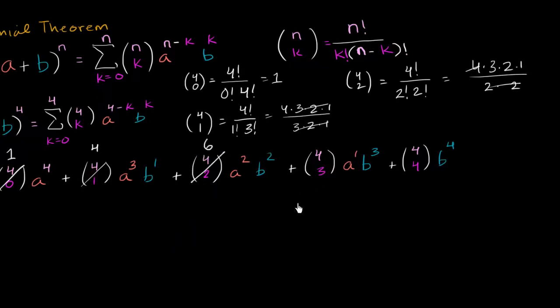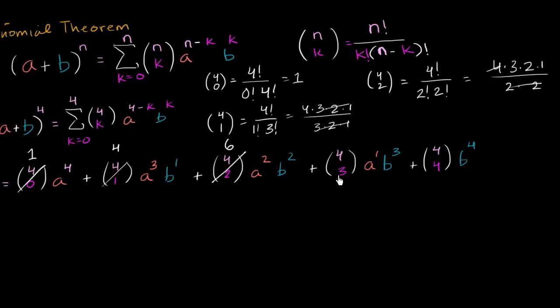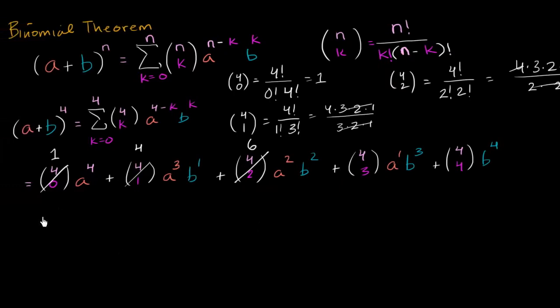And then what is 4 choose 3? Actually, I'll use some space down here. So 4 choose 3 is equal to 4 factorial over 3 factorial times 4 minus 3 factorial. So that's just going to be 1 factorial. Well, we already figured out what that is. That's the same thing as this right over here.